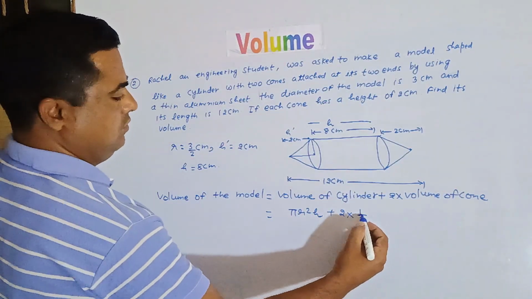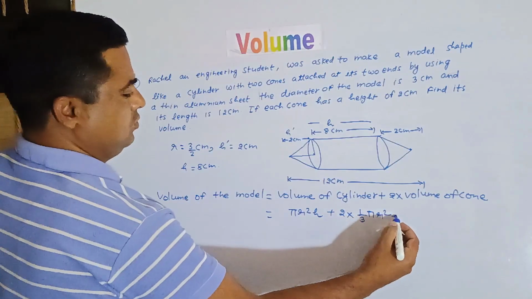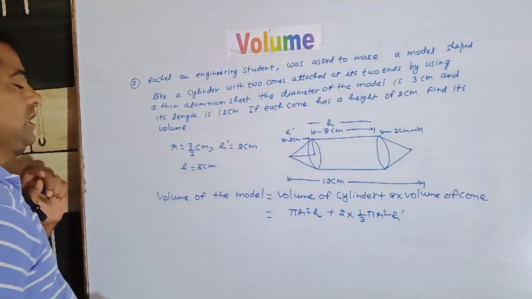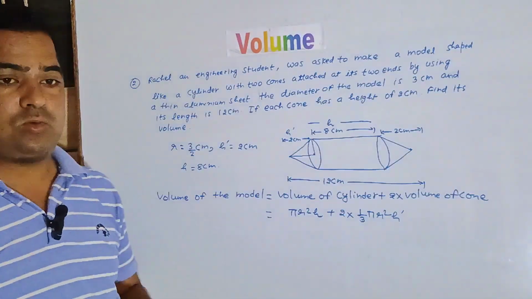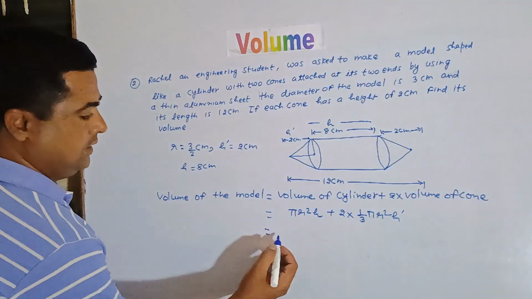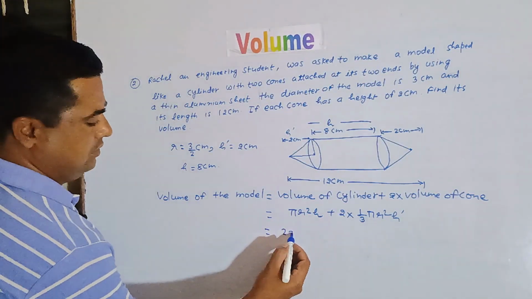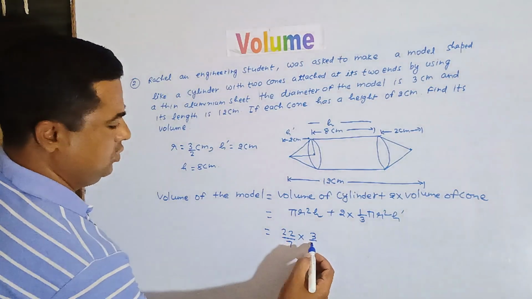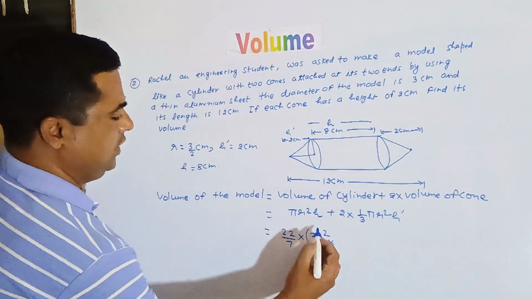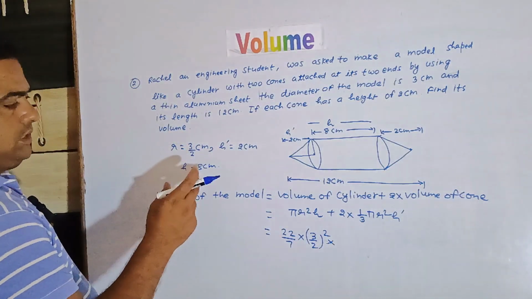We know very well, this is 1 by 3 pi r square into h dash. H dash is the height of the cone, but radius is same, so we are using here r square. We are putting the value of pi, this is 22 by 7, radius, this is 3 by 2 whole square, into height. What is the height of this cylindrical part?